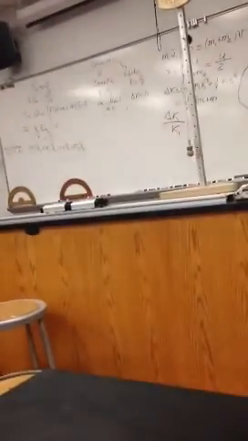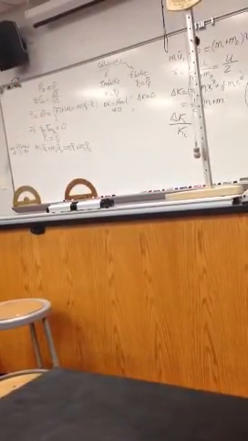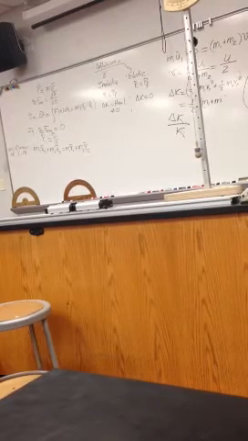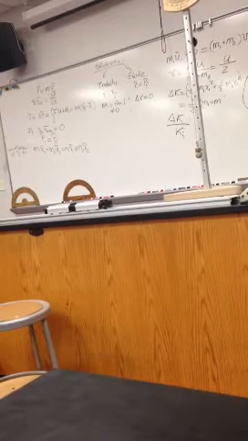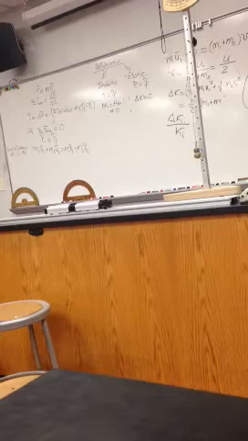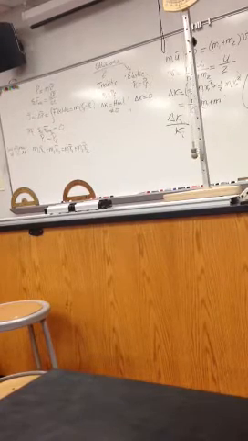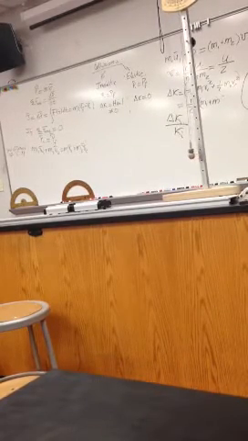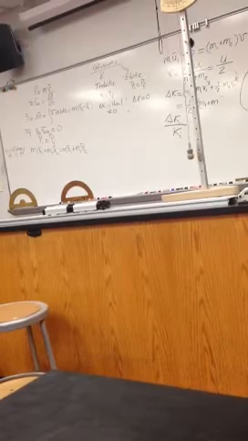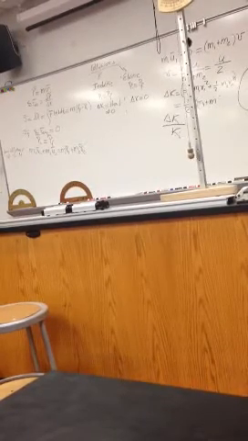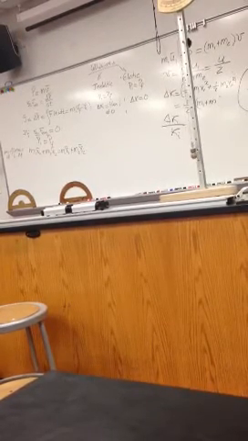But what is P initial? Who has momentum at the beginning? It's the momentum of the bullet and the momentum of the block at the beginning. Tell me what will be the formula for the momentum of the bullet. Mass of the bullet, which I label m1, times the velocity of the bullet, which they label V. So if they label V, you can label the V after V prime.